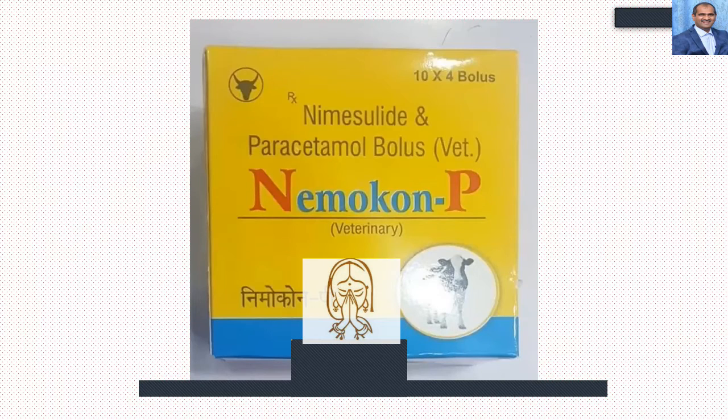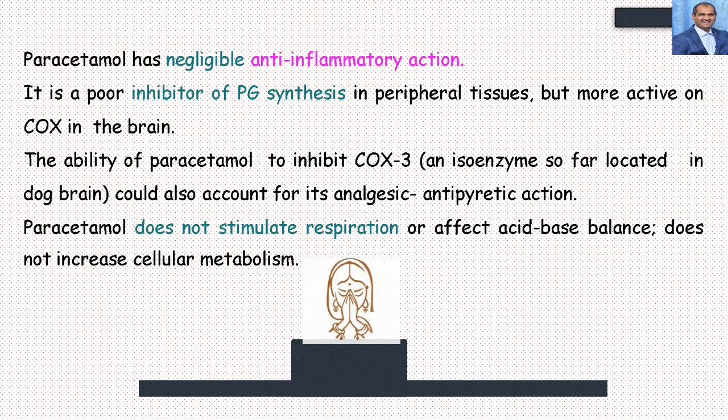The nimesulide and paracetamol combination is available in veterinary practice. Paracetamol has very negligible anti-inflammatory action and is a poor inhibitor of prostaglandin synthesis in peripheral tissue, but more active on the COX in the brain. Because of this, it is very commonly used as an antipyretic agent.